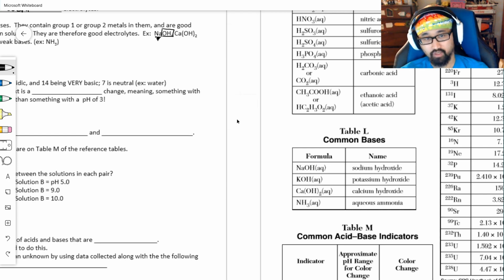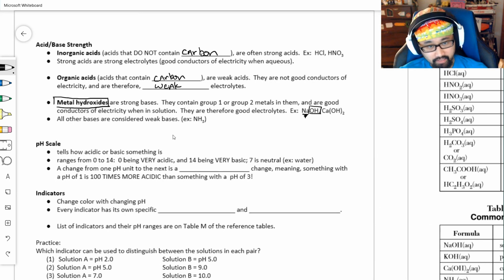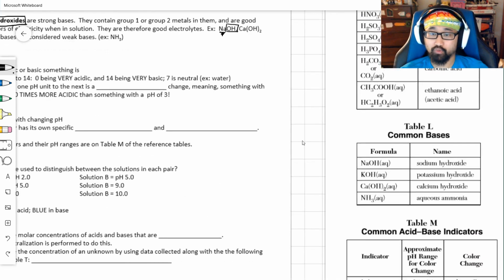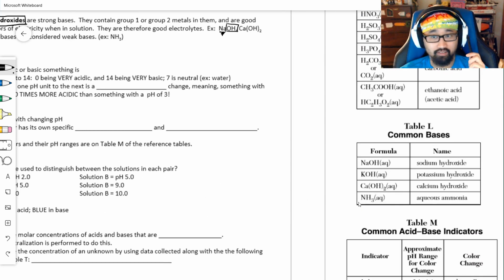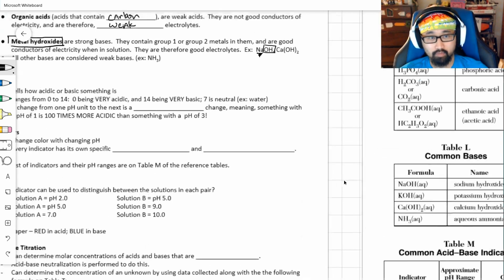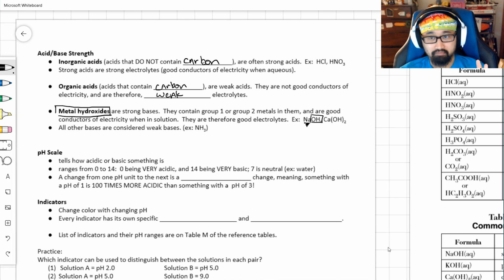They are strong. Anything else is a weak base. Remember, I said ammonia was a weak base. It has neither a metal, nor does it have that OH group, which is why it's considered a weak base. That's the rule for bases. Is it a metal hydroxide? Yes, strong. No, weak. That's it.